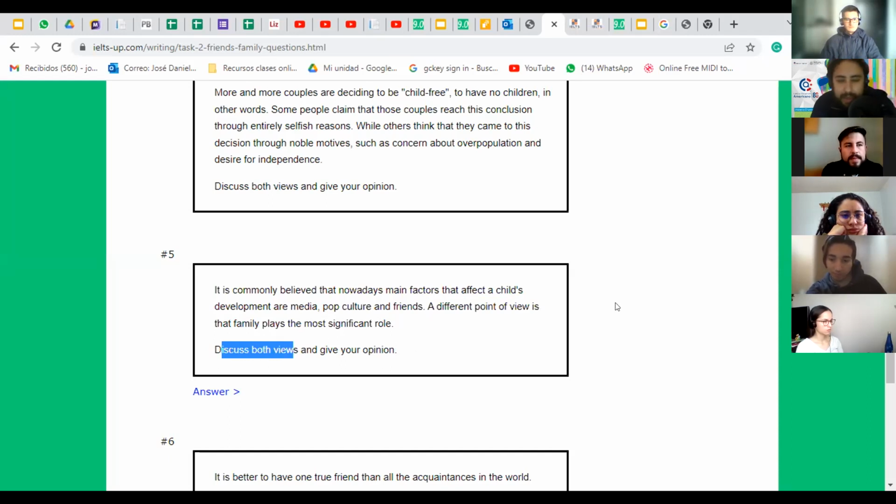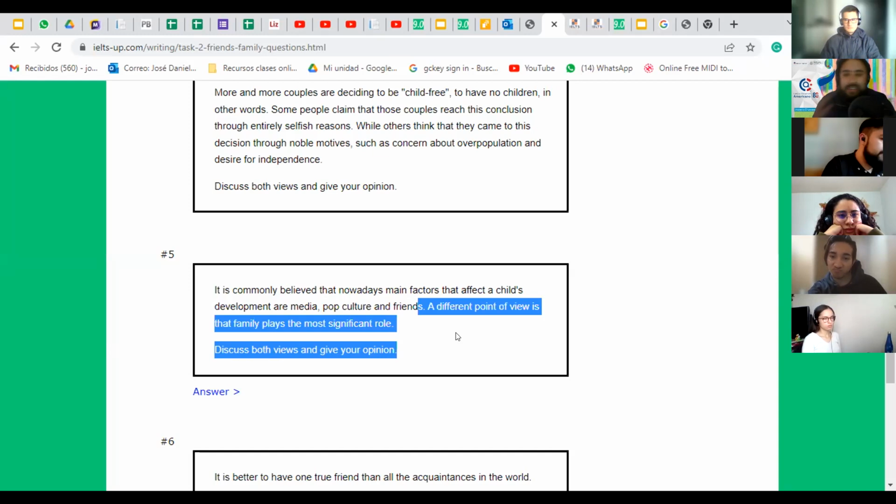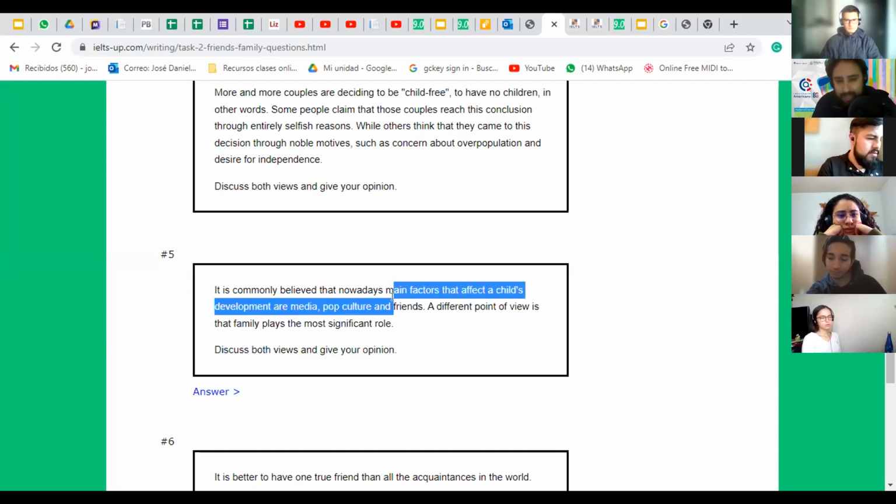It is very important that if the essay you pick says discuss both views, you actually discuss both views. You don't want to just say, I think the family is the most important, nothing else really matters all that much. You should actually develop this idea a bit more. Like, some people might think that because you spend so much time exposed to media, it can affect this and this and that.